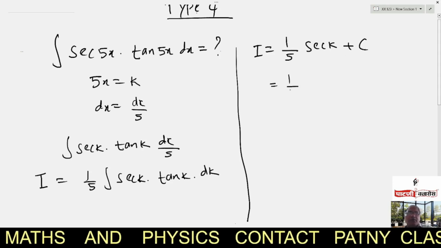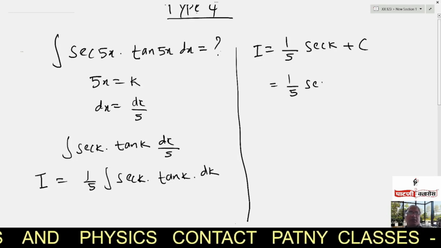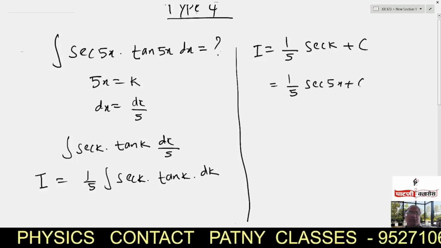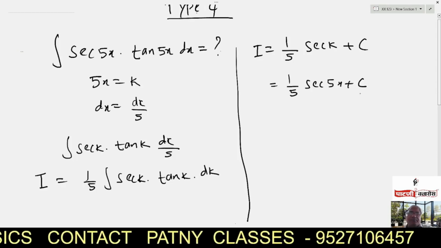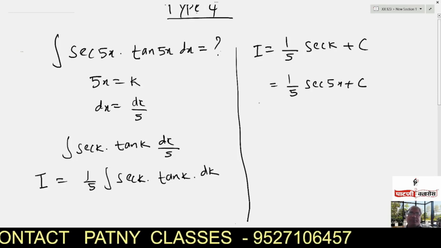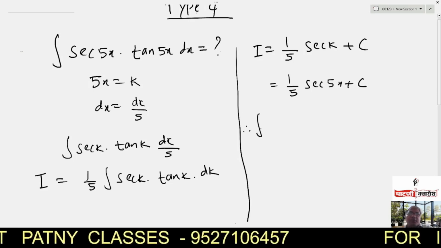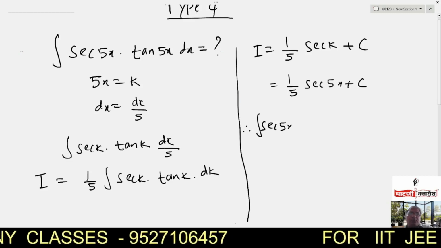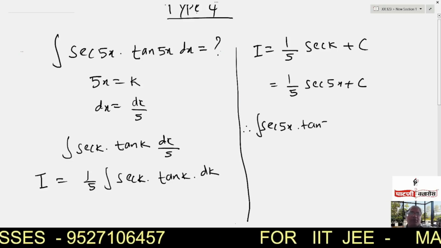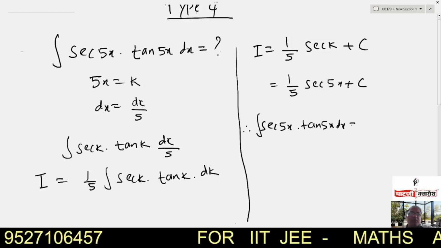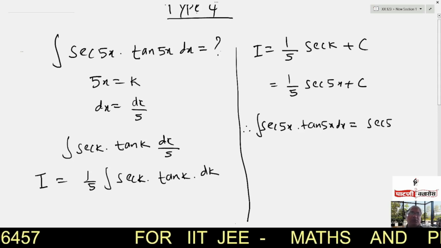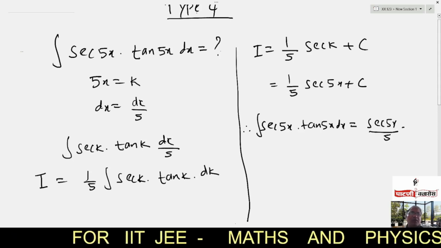Putting back the value of k, sec 5x. Therefore, integration of sec 5x tan 5x with respect to x equals sec 5x upon 5 plus c.